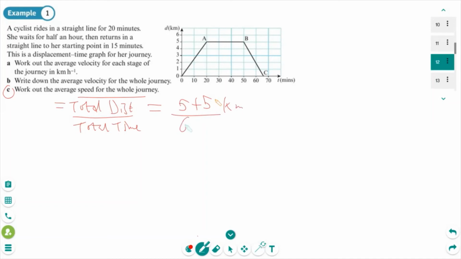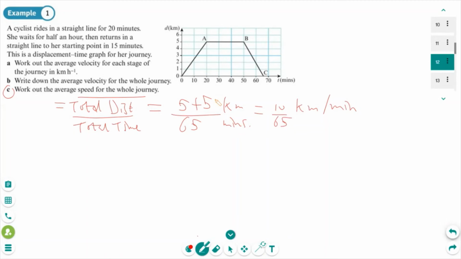So when you divide, that will give you 10 over 65. The units will be in kilometers per minute. To turn it into kilometers per hour, you just times by 60. There are 60 minutes in 1 hour. So to convert it into kilometers per hour, you just times by 60.